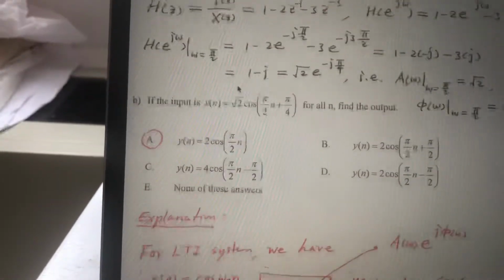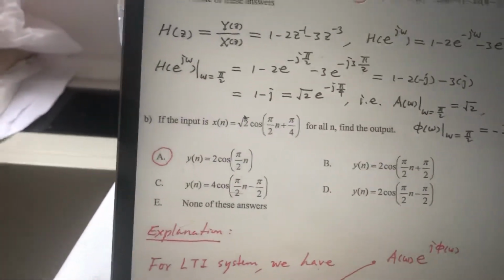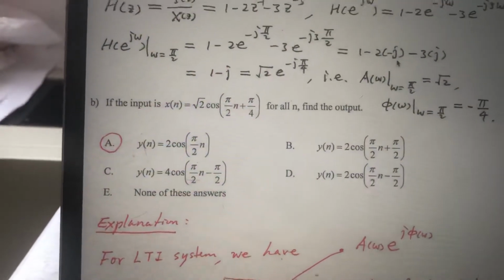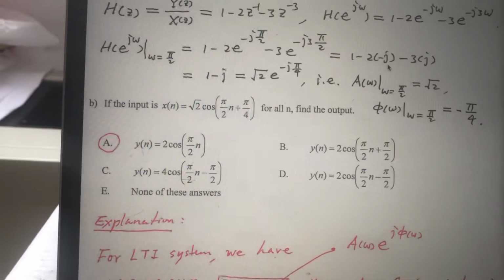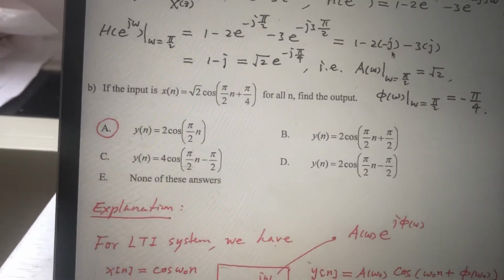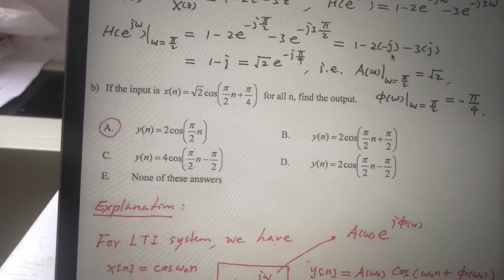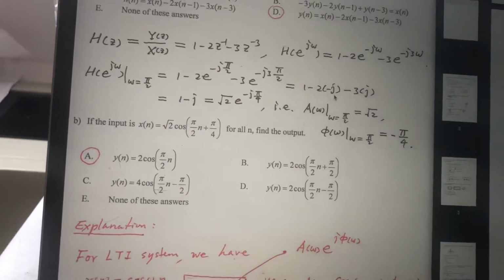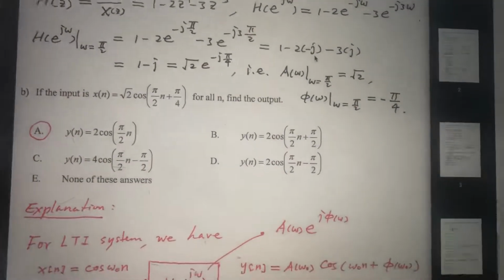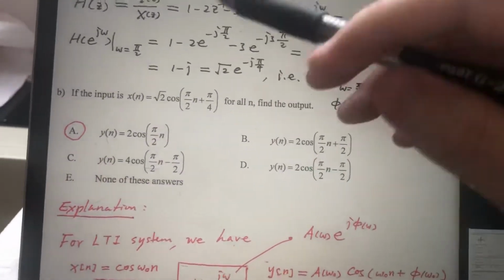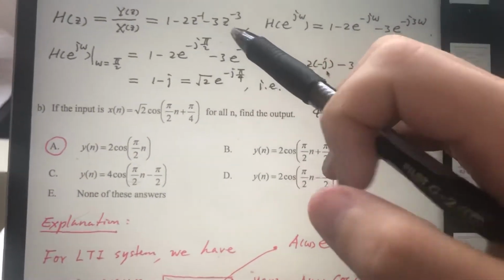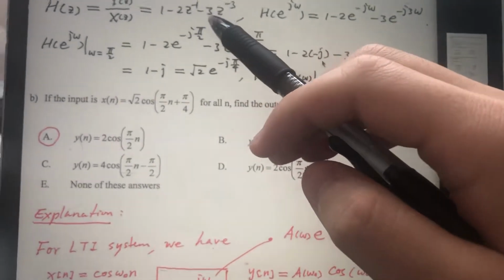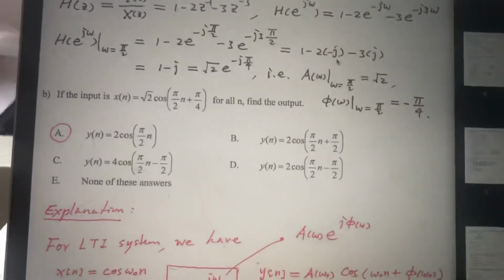So let's look at problem B. If the input is x[n] equals root 2 times cosine of (pi over 2 times n plus pi over 4). First, we can get H(z) easily, which equals 1 minus 2 times z to the power of minus 1 minus 3 times z to the power of minus 3.